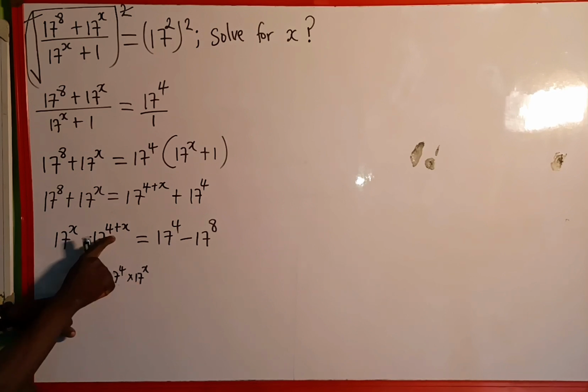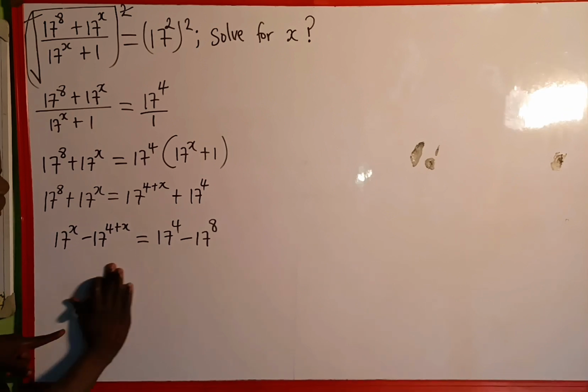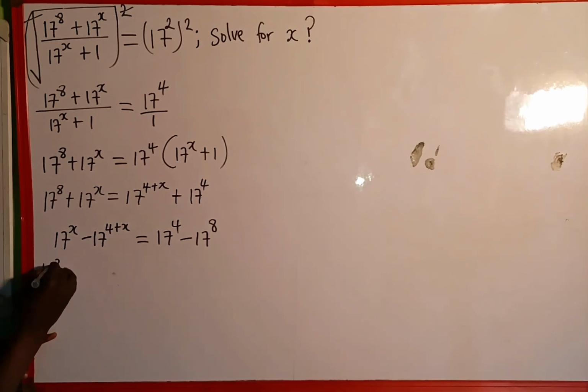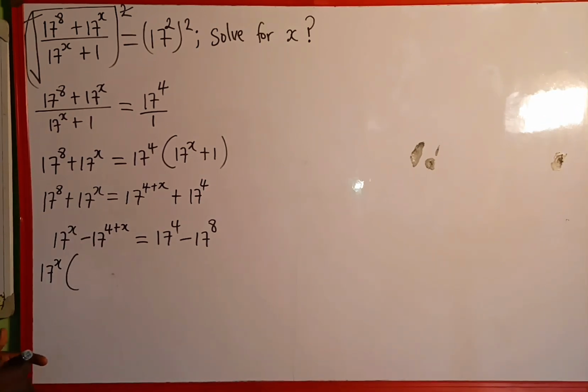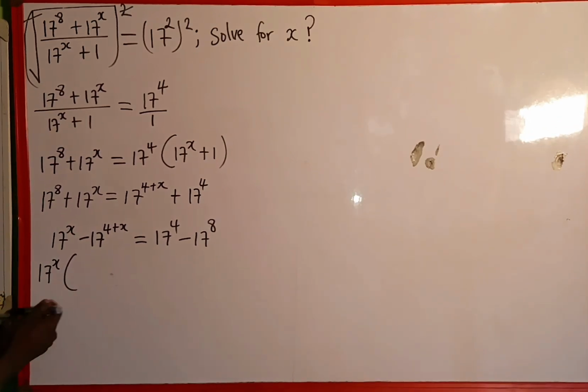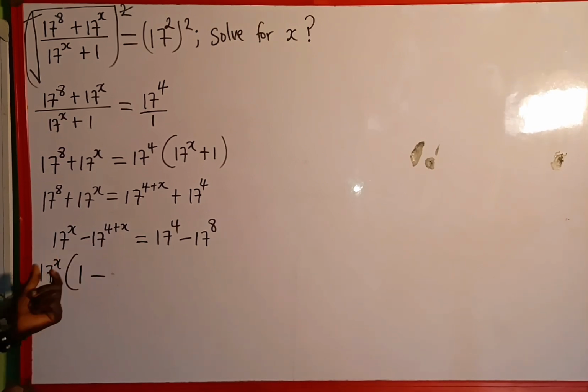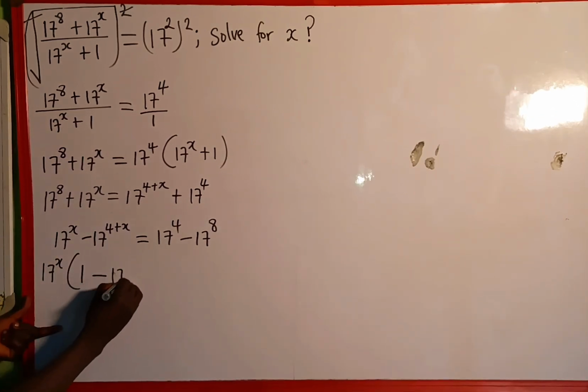When we take 17^x from here, it will remain only 17^4. So we factor out 17^x, then we open bracket. Now we're going to divide. 17^x divided by the one outside, so here will become 1. Then minus 17^x is outside already, so this place will remain 17^4.